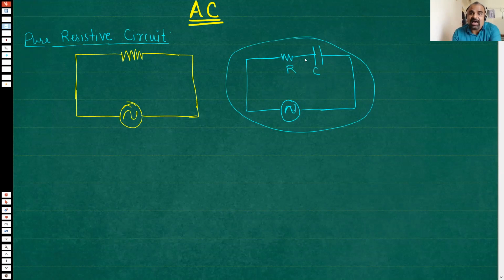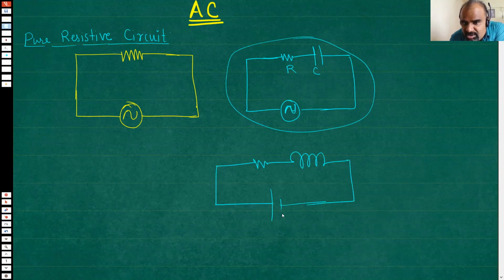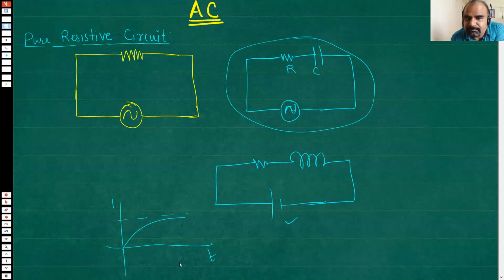Same thing goes with the LR also. If there is a resistance and there is an inductor, it is an LR circuit. Now connected to a DC source, that means a battery, we know what will happen. Current will slowly and slowly grow. In fact, the current graph will be like this. Okay, we know it.